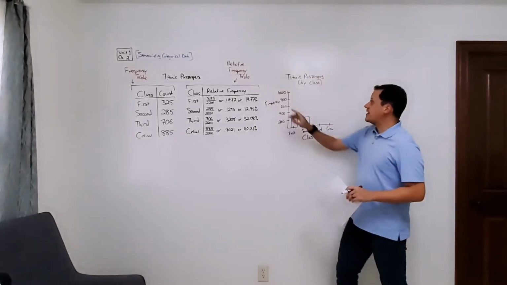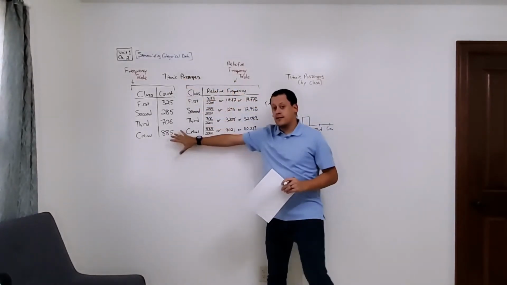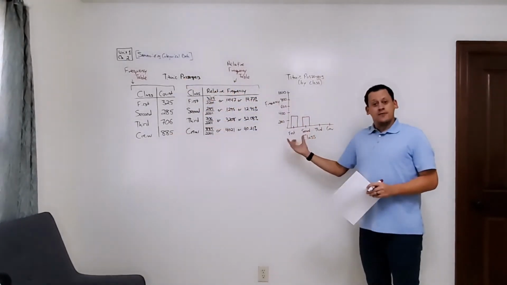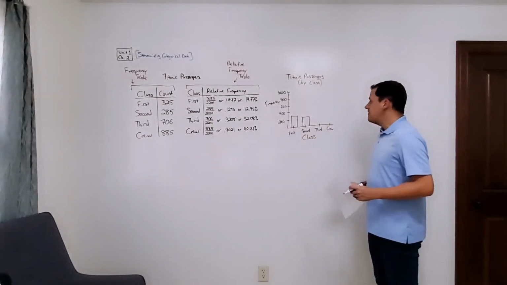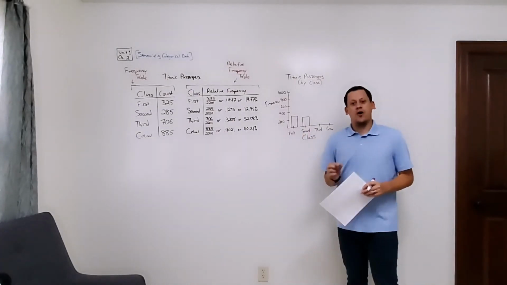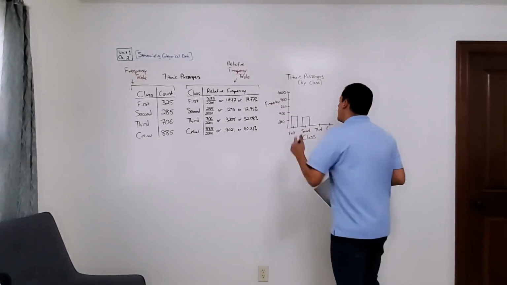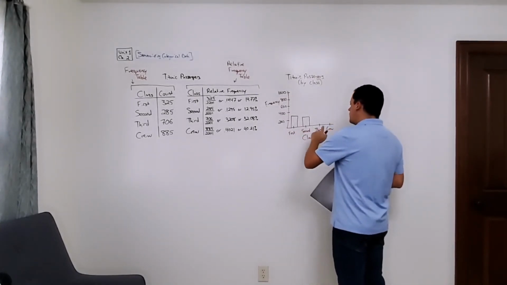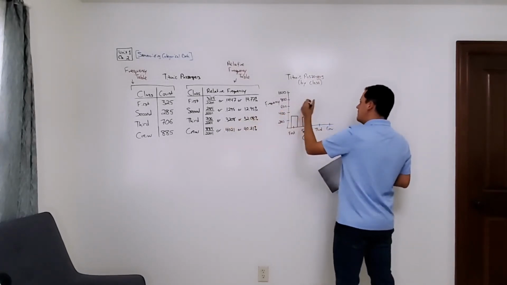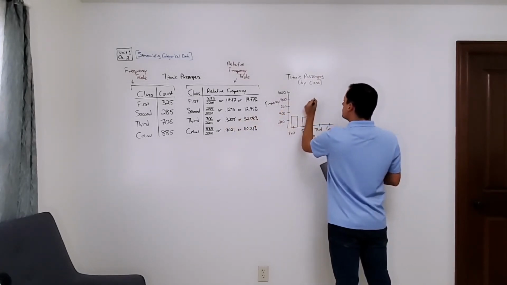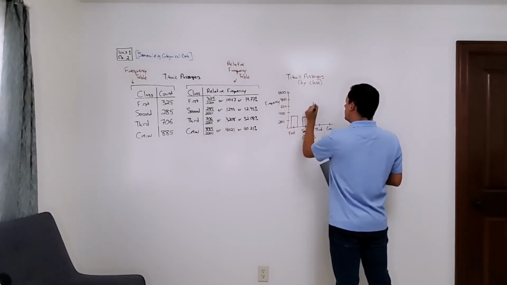So for categorical data, like this, we keep the bars separate. For a quantitative variable, we would connect the bars, but that's because these would be numeric. Okay. So we're going to keep the bars separate. Third class, 706 people. So that's out here.